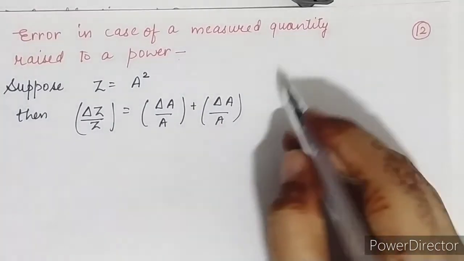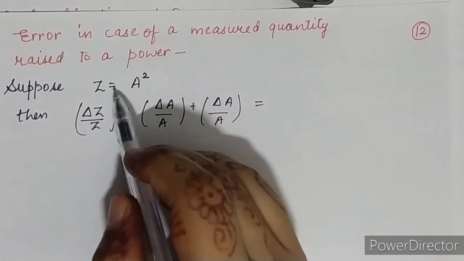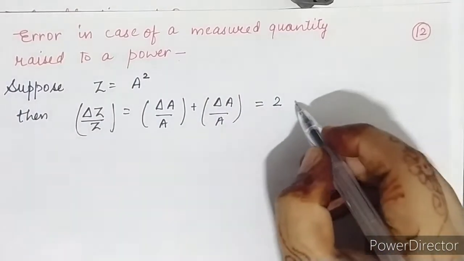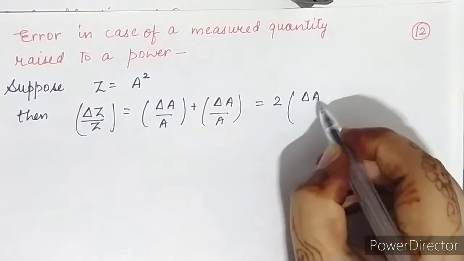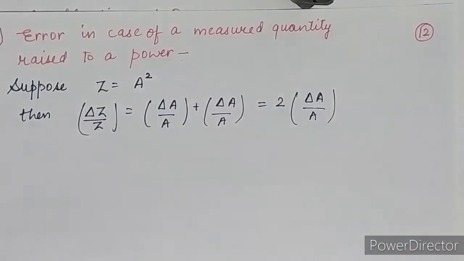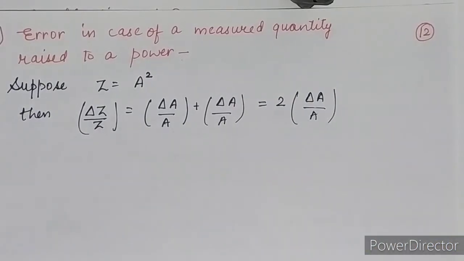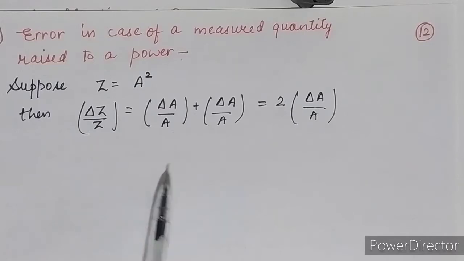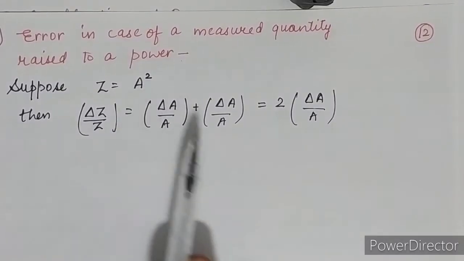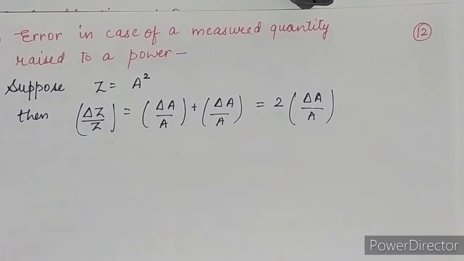Or you may write it in the form where the power comes in front, and then it is written as delta a upon a. It means we can say that the relative error of a square is two times the error in a.